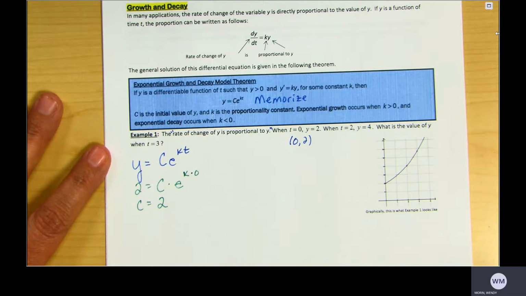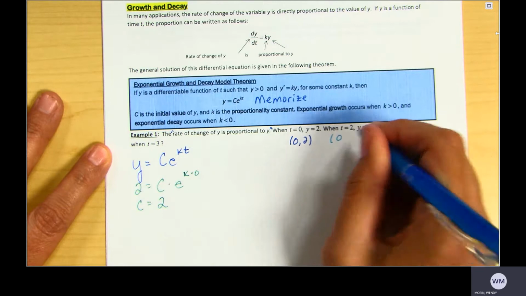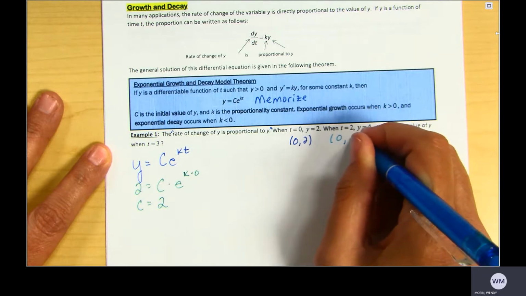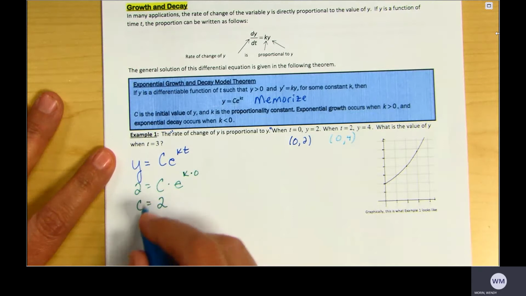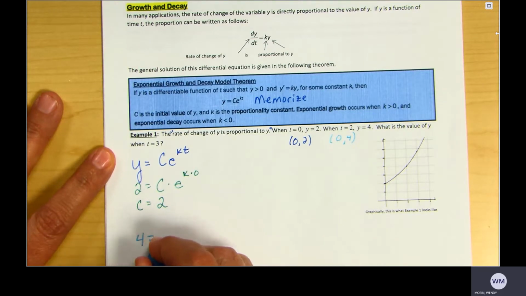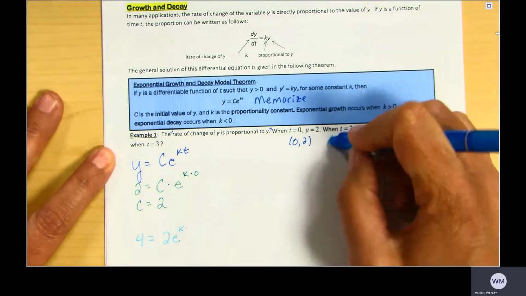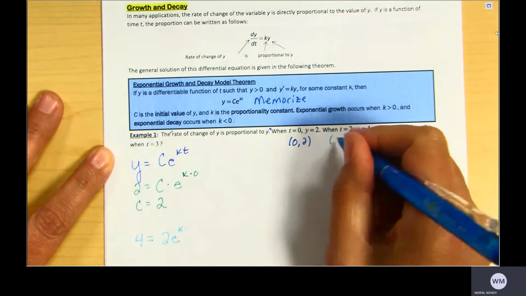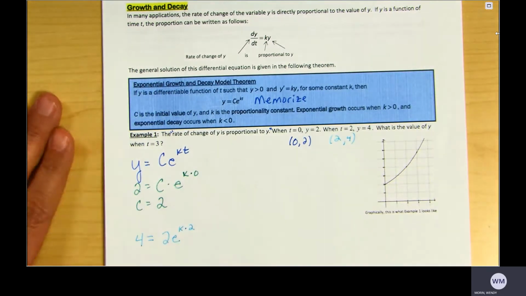The next thing you're going to do is plug in your second point, which is what? 2, 4, right? So that gives us 4 is equal to 2 times e to the k. Oops, not 0, sorry, t is equal to 2. So it gives us this.